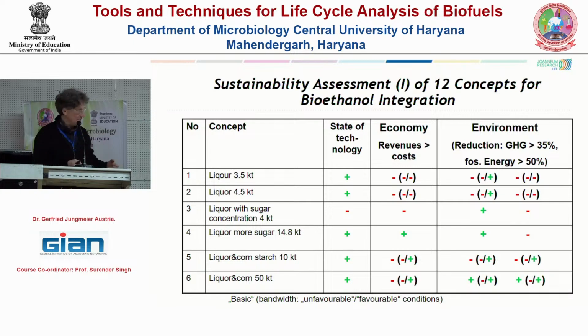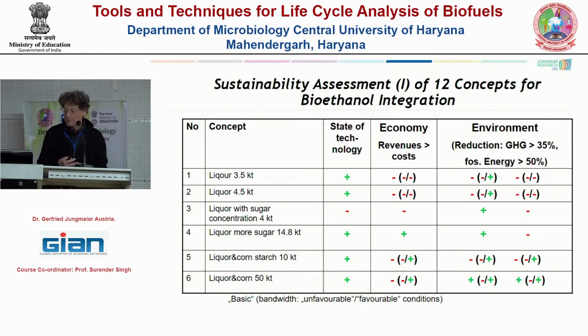The first ones are really small, because with the black liquor you can only make up to 5,000 tons bioethanol per year, because they have very little sugar in the black liquor. And this is, from an economy point of view, a very small facility. And even for the lignocellulosic, as Professor Singh also mentioned, you need a certain scale, economy of scale, due to efficiencies, but also to investment costs, and the investment is high, the capital cost is high, and also the feedstock is high.